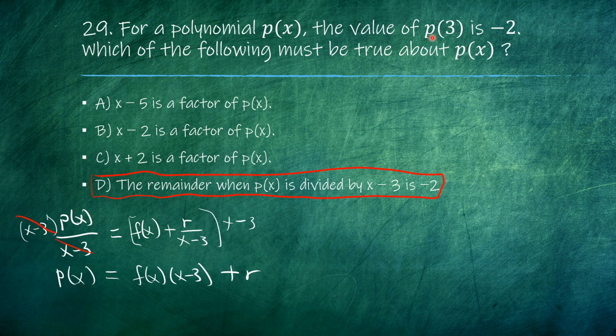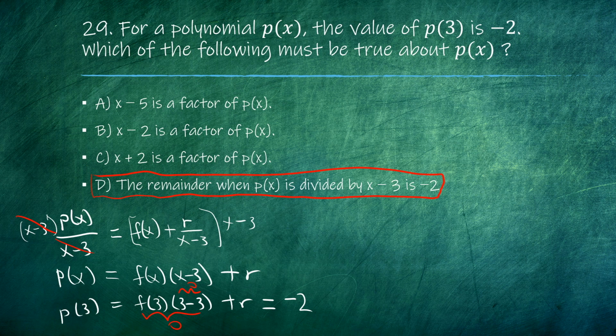And from the question, p of 3 is equal to -2, so we plug 3 into x. So we have f of 3 times 3 minus 3 plus r, and this whole thing is equal to -2. Here we have 3 minus 3, which is just 0, and 0 multiplied by anything is 0.